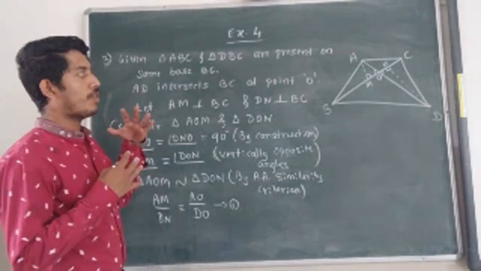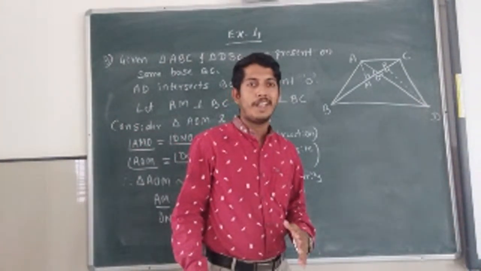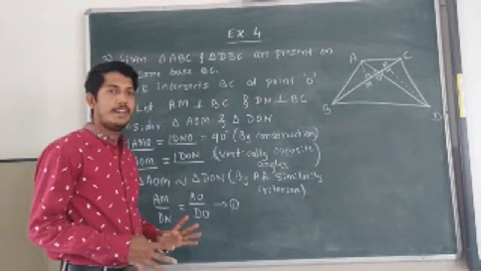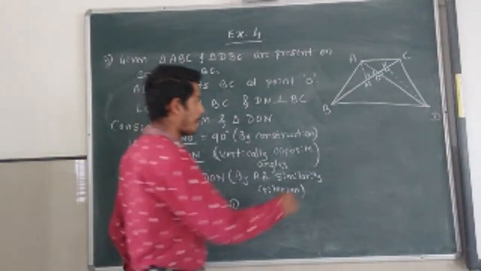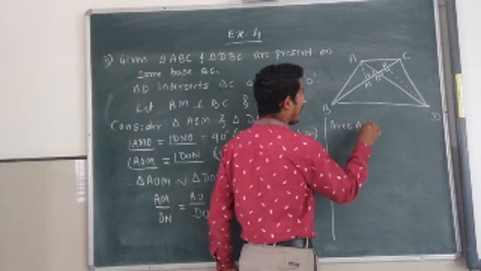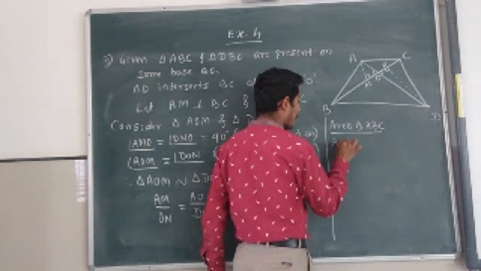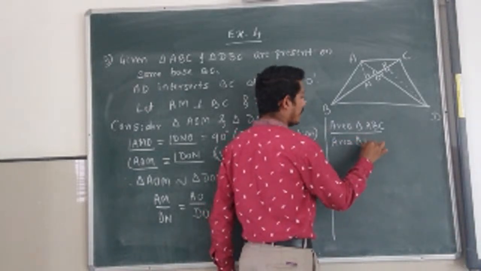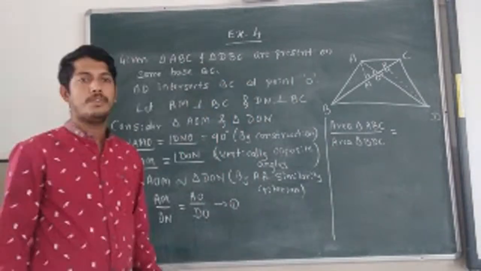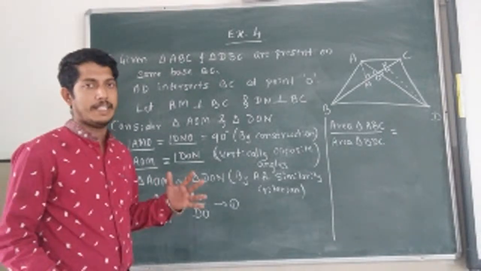Now I consider triangle ABC and triangle BDC, and I will apply the formula to find the area. That means I will take the ratio of the areas of the two triangles. Area of triangle ABC divided by area of triangle BDC. Which formula do we have to use? Half into base into height.